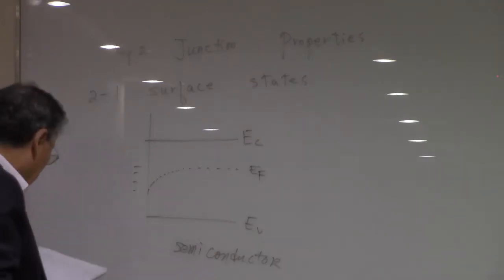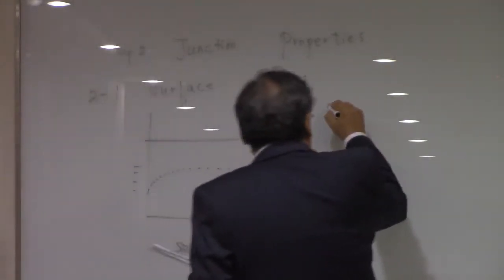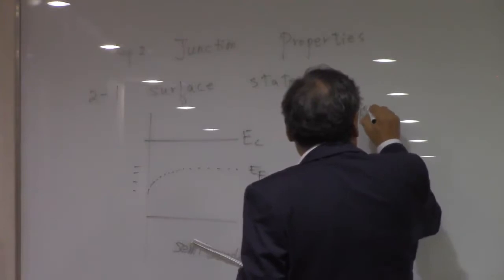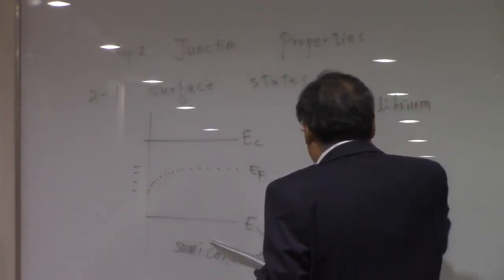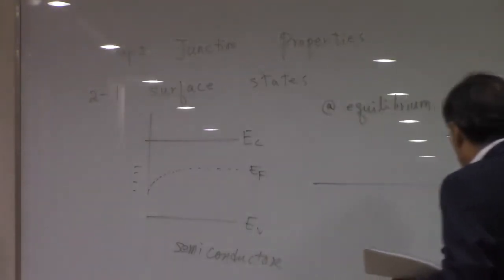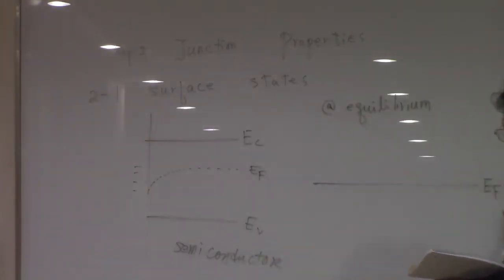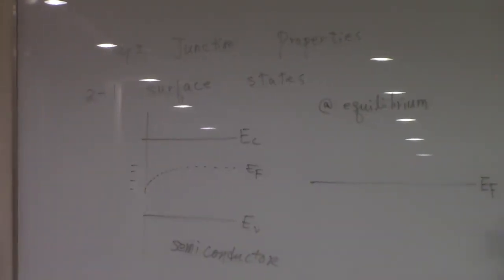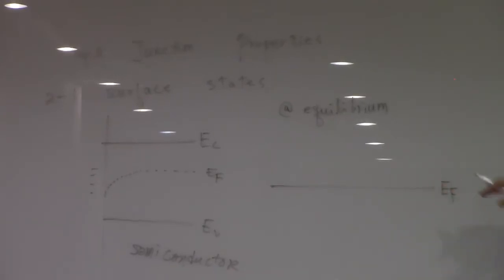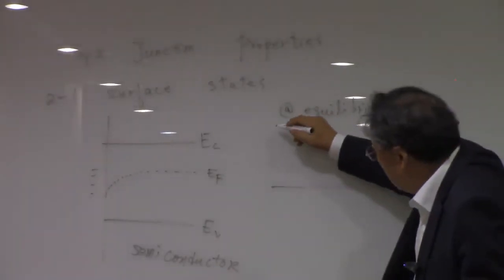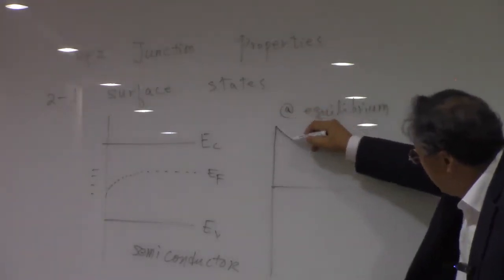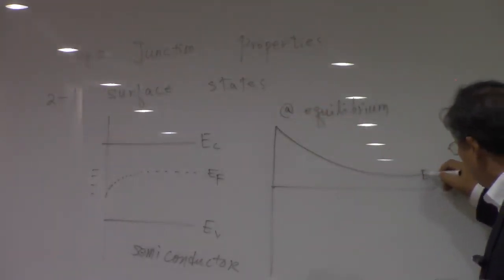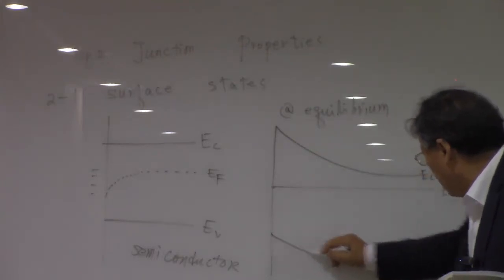Okay? So at equilibrium, we have to draw this to make the Fermi energies flat, the same everywhere for equilibrium. That is the definition of the equilibrium. So we have to bend the conduction band something like this, and the valence band.